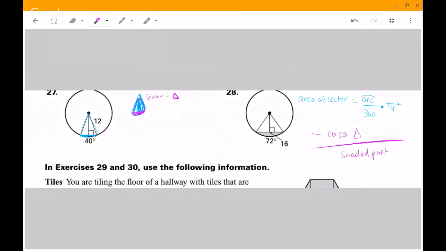And for the triangle, it's 1/2 base times height, just as a reminder. That's the formula for that. So for the sector, you need the arc measure, which we have, that 40. And you also need pi r squared. Wow, how nice. They gave us the radius. You don't even have to find the radius.